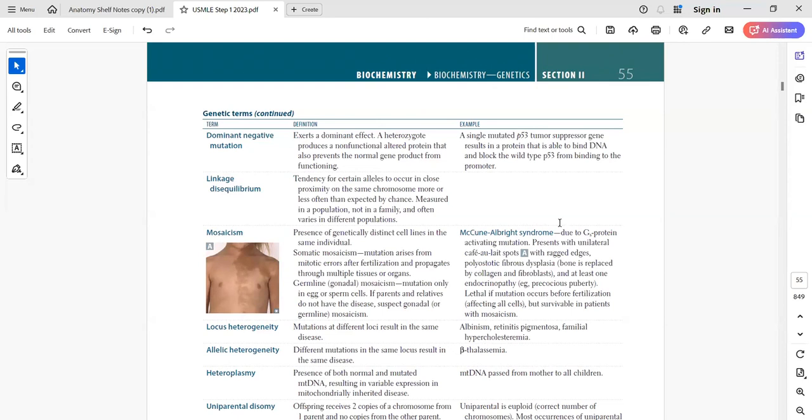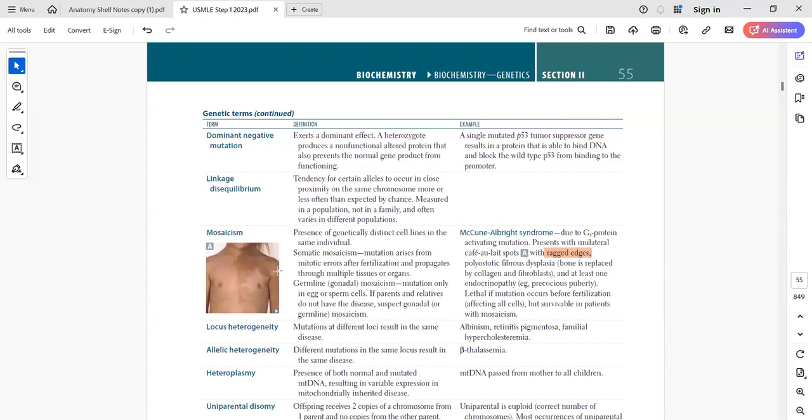Now, this is very important. Café au lait, McCune-Albright syndrome. This is extremely important. They give you a case of a patient, and this is the word that they use, which is very important: ragged edges. Always remember this. The patient would present to you with unilateral café au lait spots.